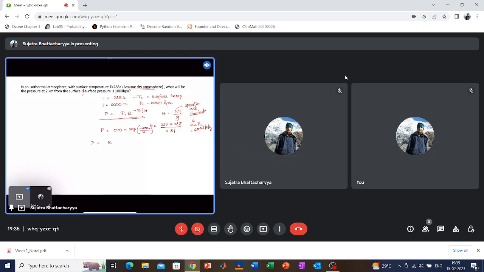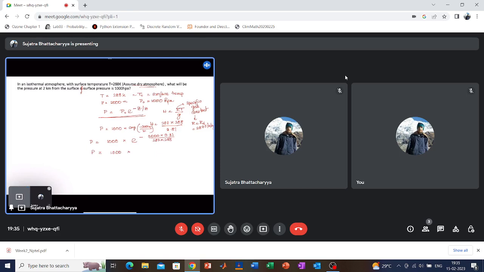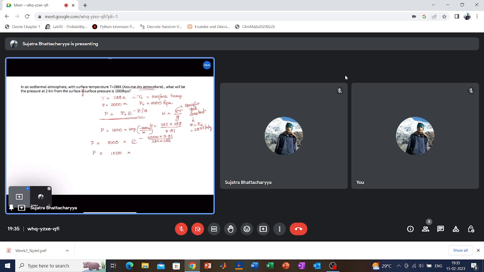So let us write it again. P is equal to 1000 into e to the power minus 2000 into 9.81 divided by 287 into 288. Now if you solve this, P will be about 1000 into exponential of minus 0.237, just try to solve it when you are free, and this comes out to be about 788.69 hectopascals.